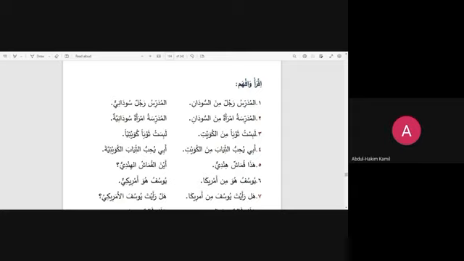Okay, it should be labistu. Linguistically, it's correct like that, but it should be labistu. Type labistu thawban kuwaitiyan. لبست ثوبا كويتيا.